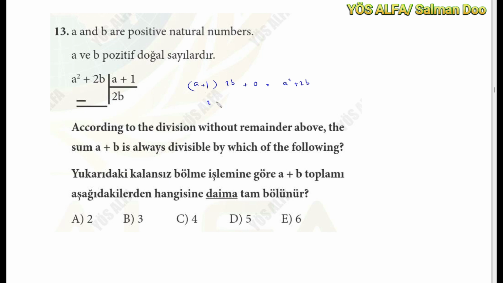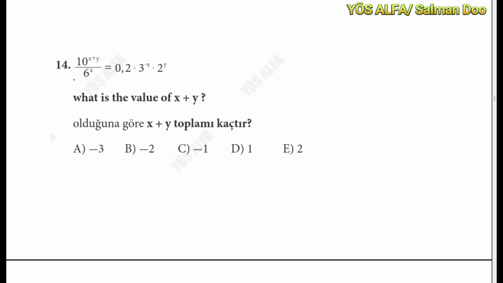From here, we have 2ab plus 2b is equal to a squared plus 2b. 2b's cancel out each other, and we have 2b is equal to a. And we need to find a plus b. Since a is 2b, a plus b is 3b. And 3b is divisible by which of the following? It's 3. Number 14. This expression is given, and we're asked to find x plus y.